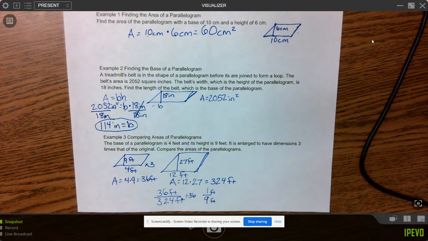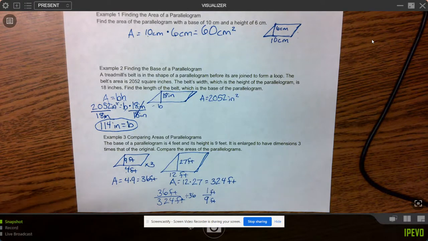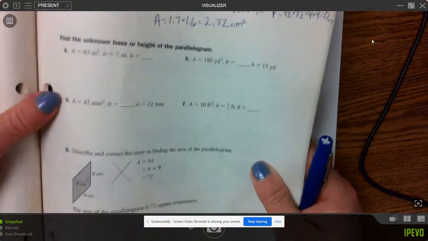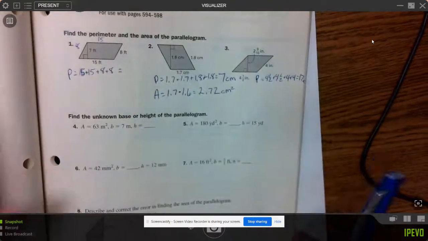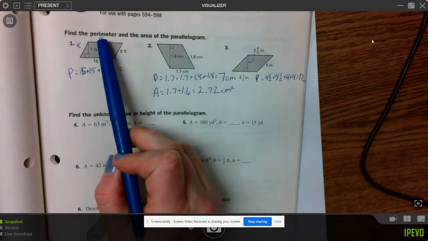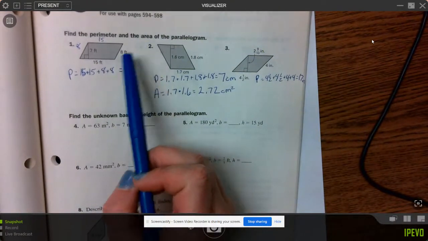For today's assignment, we are going to be doing just page 149. We're not going to be going into page 150 with the rhombuses. We are just doing page 149. When we look at that page, we can see that we need to find the perimeter and the area of the parallelogram.